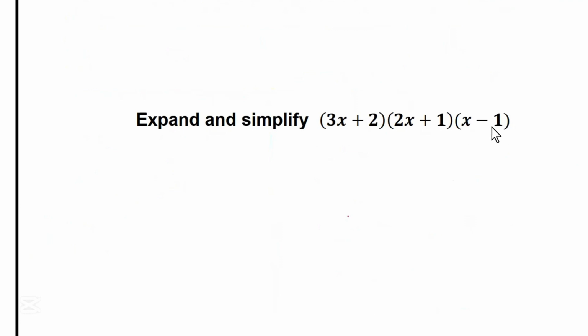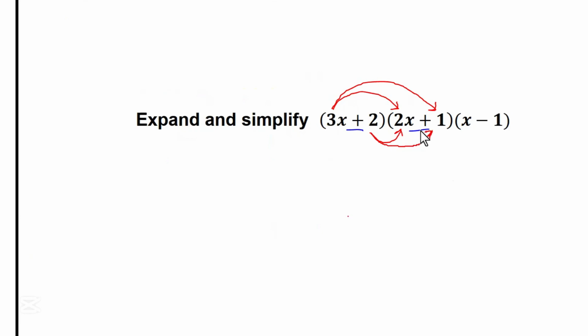To expand and simplify this, we have to consider the first 2 brackets, expand and simplify them first. So we start by multiplying the terms of the first bracket by the terms of the second bracket. So this is how you should do it.